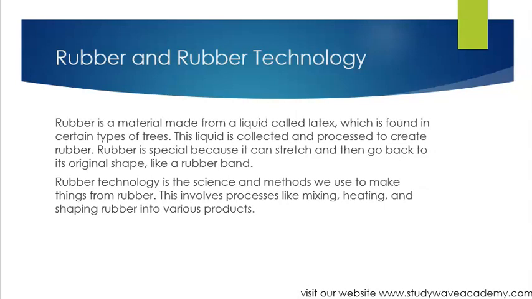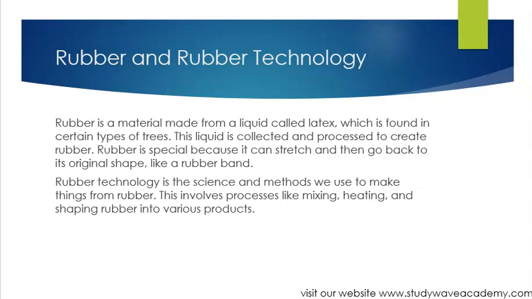Okay, so what do we mean by rubber? Rubber is a material made from a liquid called latex, which is found in certain types of trees. This liquid is collected and processed to create rubber. Rubber is special because it can stretch and then go back to its original shape, like a rubber band.